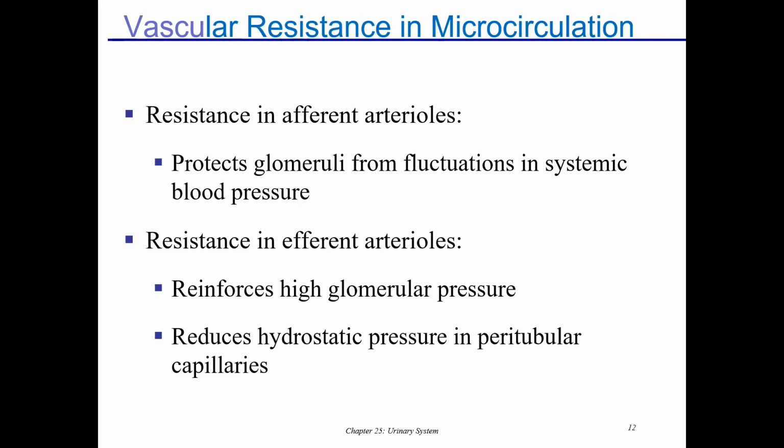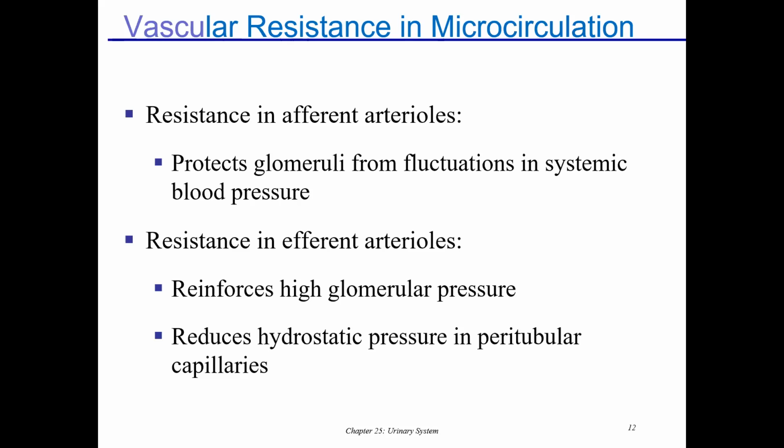So we have this little check in here so that yes, 60 millimeters is coming in, but by the time we get down to the efferent arteriole leading out into the capillaries, we're going to be low enough that the capillaries aren't damaged either, because we don't want that. We want the capillaries to maintain high enough pressure to move the blood through, low enough pressure that there's no damage.